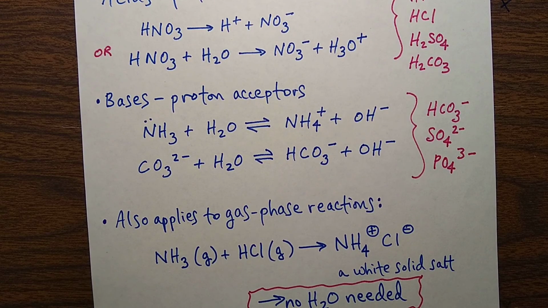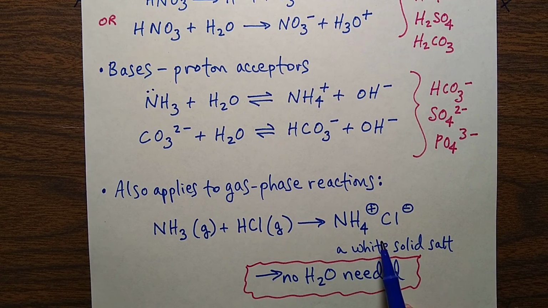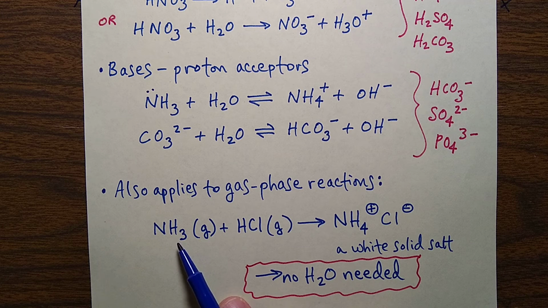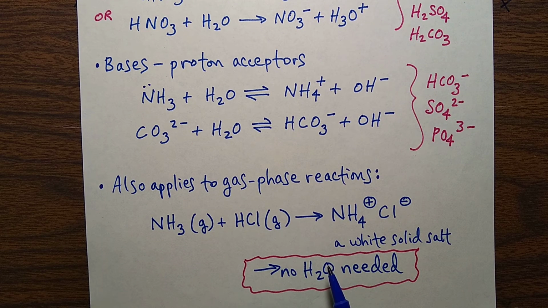The nice thing about this theory is that it applies to gas phase reactions as well. So there's no water involved here. Ammonia gas will react with hydrogen chloride gas to give you ammonium chloride. This is actually a lab we do in another course at our campus.